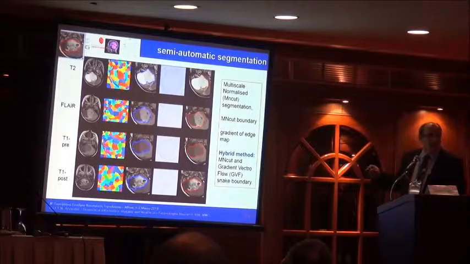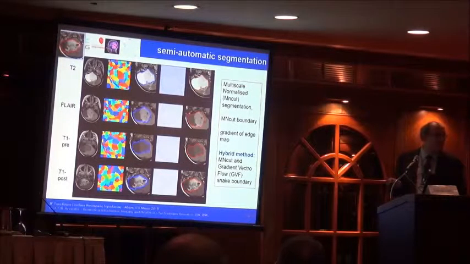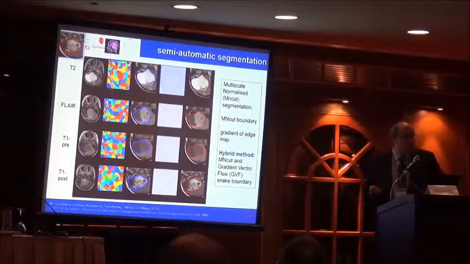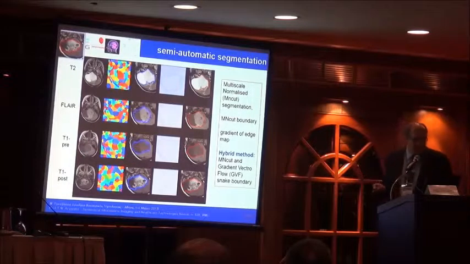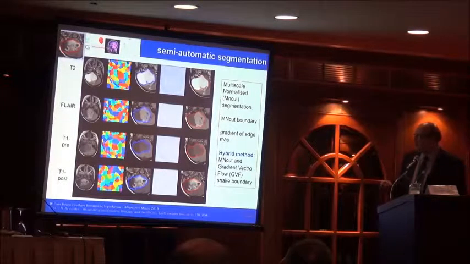And combining this with a SNAKE, we're able to come to an extremely good definition of these tumors. So radiologists like it, because they said, at least we don't have to do manual segmentation, we don't have to seed things, because you seed a SNAKE like doing as the original segmentation approach.